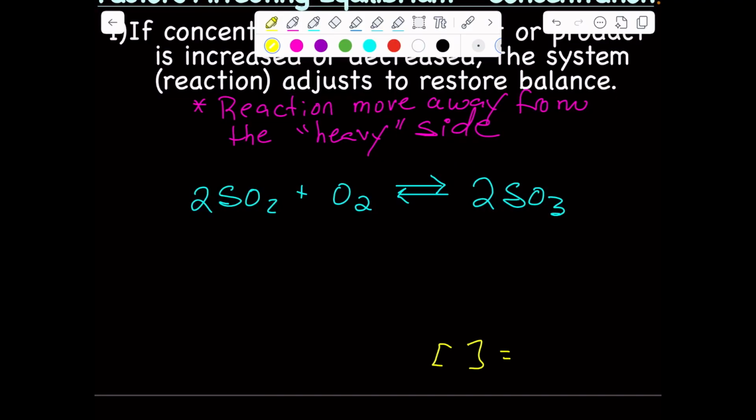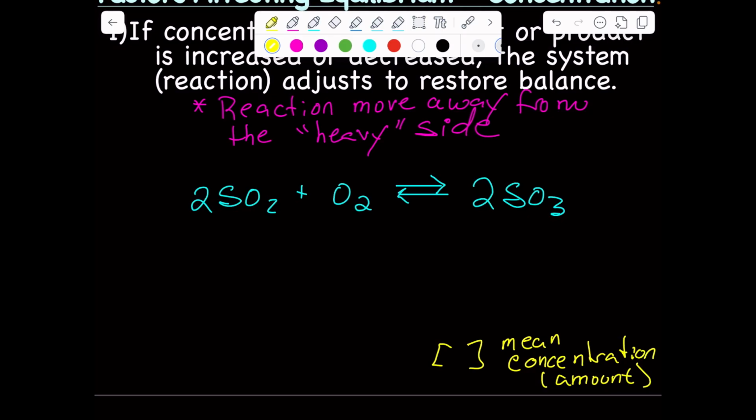The square brackets mean concentration, or the amount. Boy, I can't spell today. So I'm going to be using those symbols.